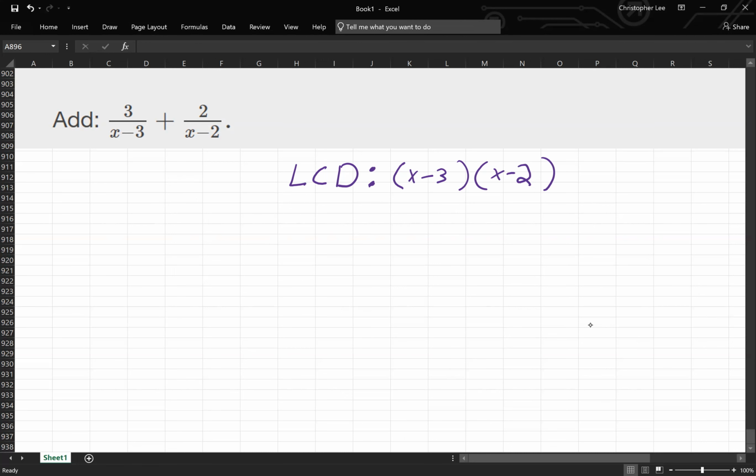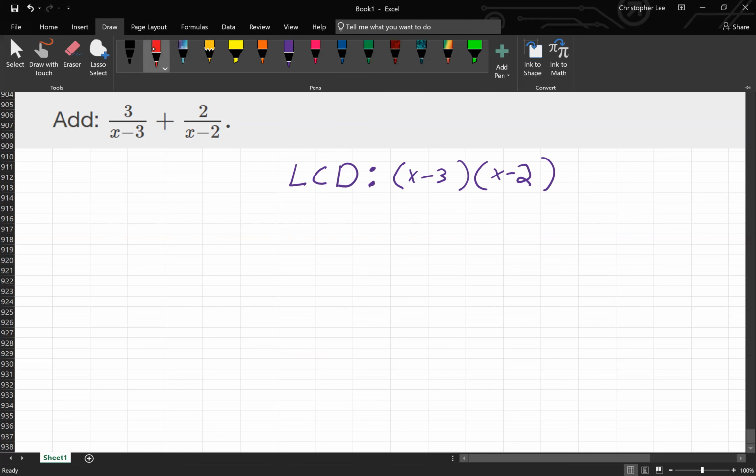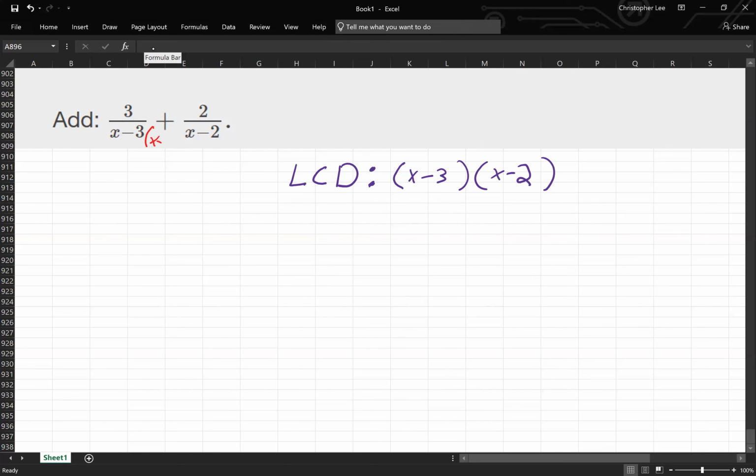That's simple, right? After I find the LCD, you already know what's gonna happen. I'm gonna multiply this by x minus 2 to get the same denominator. But what I do to the bottom, I gotta do to the top. x minus 2. I have the x minus 2 on the other rational expression. I'm gonna multiply that by the x minus 3 to get the same denominator.